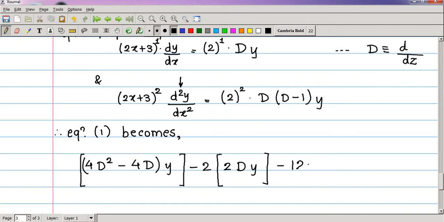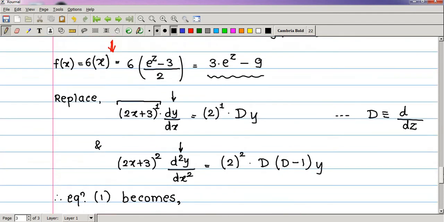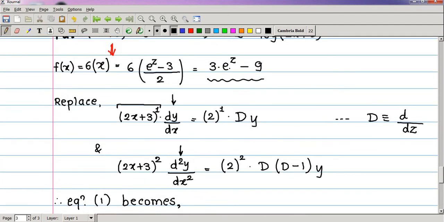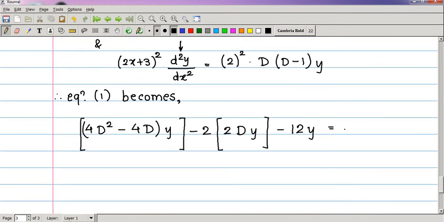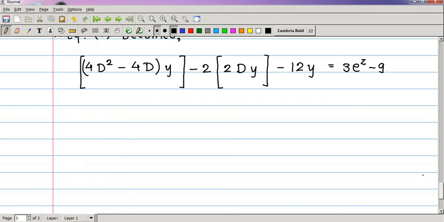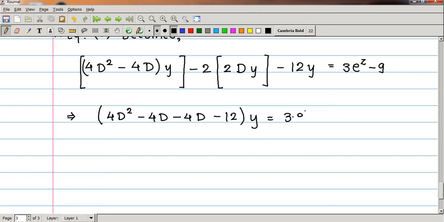The constant term is −12y equal to 6x, and that 6x is replaced by this function 3e^z − 9. So we can simplify. It is equal to 4(D² − D)y − 4Dy − 12y = 3e^z − 9.